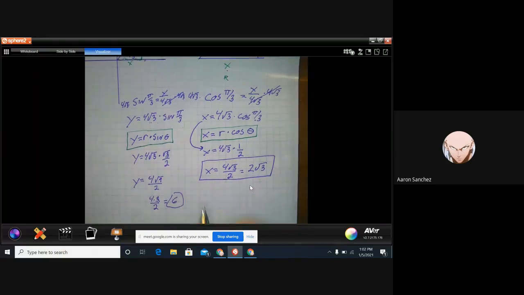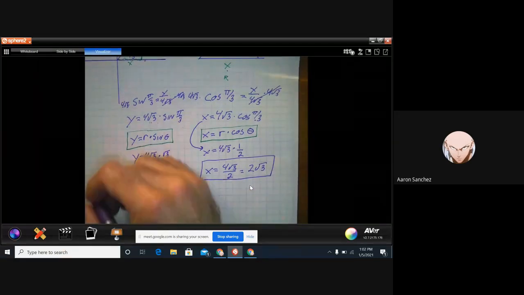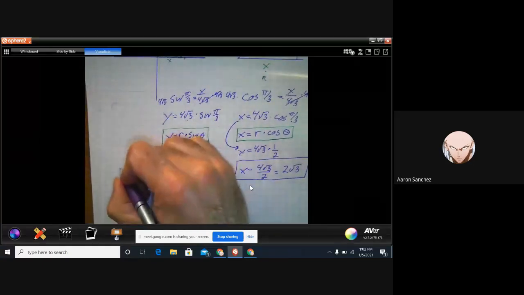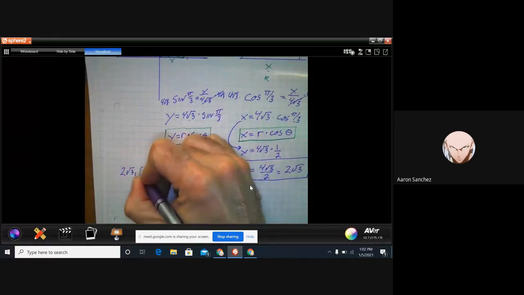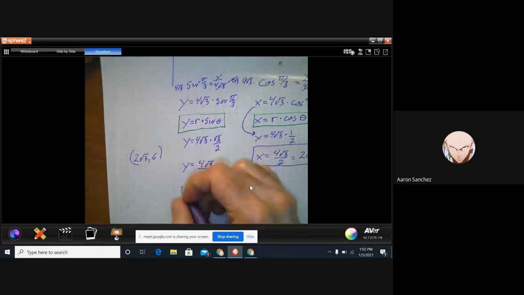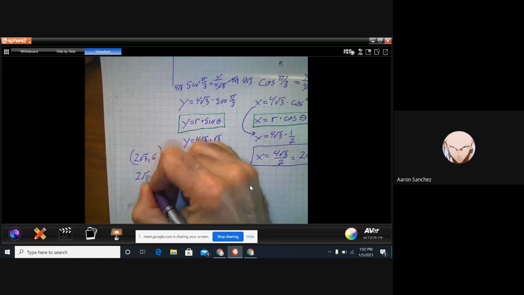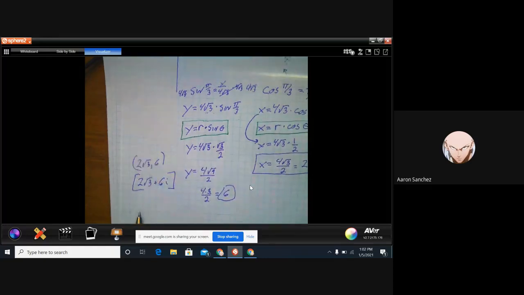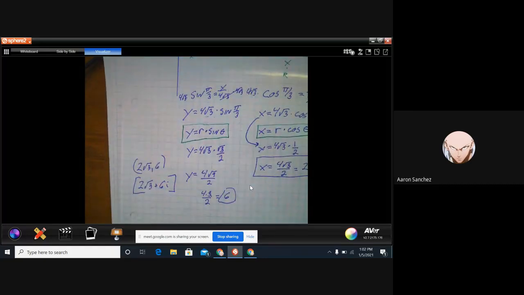So my coordinates are, what's my final answer? 2 root 3 comma 6. If you want to write in complex number form, it'd be 2 root 3 plus 6i. But our homework wants rectangular form, which is parentheses, number, comma, number.